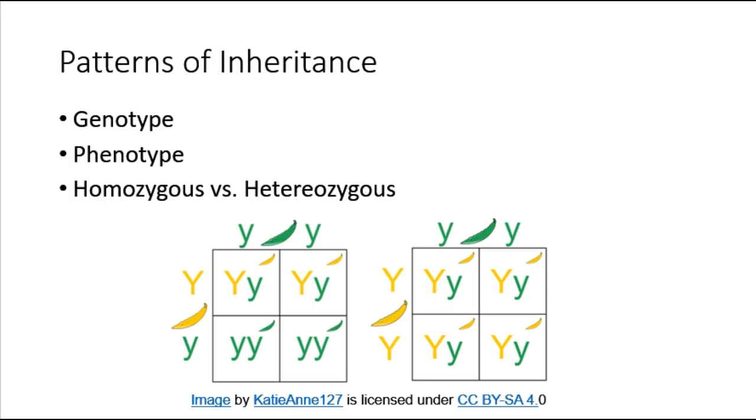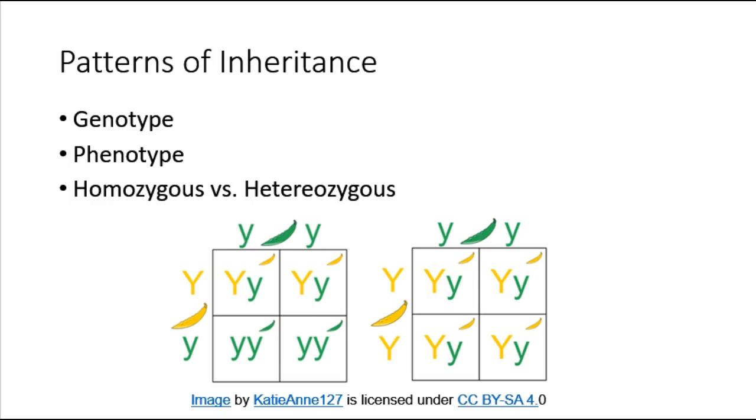Now, whether or not we express something goes down to patterns of inheritance. And so for each type of gene, you can remember you have two chromosomes. So you have a copy of a gene on one chromosome and the other. If those copies are the same, you are homozygous.